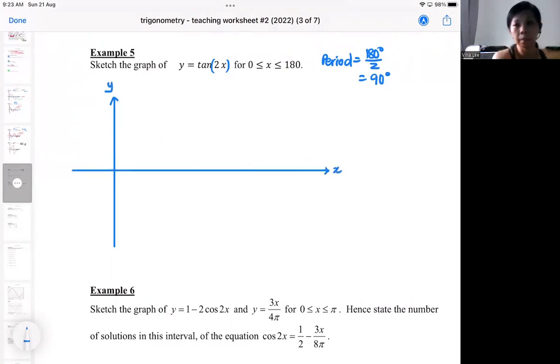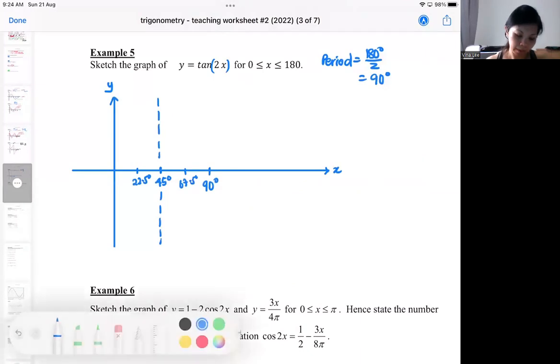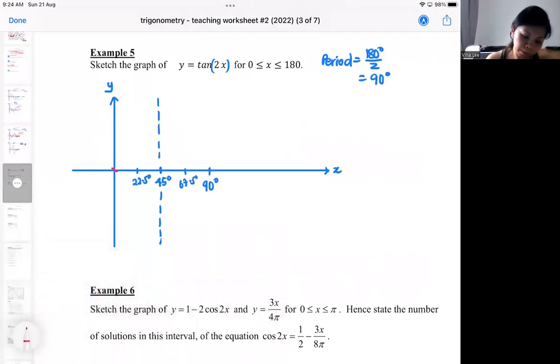Okay, I still divide my period into 4 sections. And half the period will still be my dotted line. And I still got my special values here.